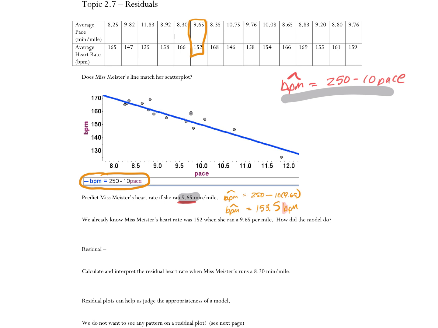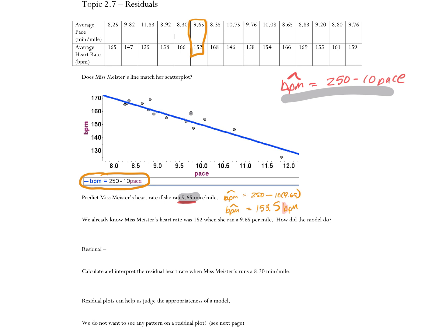So this 153.5 is kind of like a prediction for lots of different runs. Different runs would still have different pulse rates, okay? So for that particular observation, how did the model do? Pretty close. Okay, so the predicted value is close to the actual value.